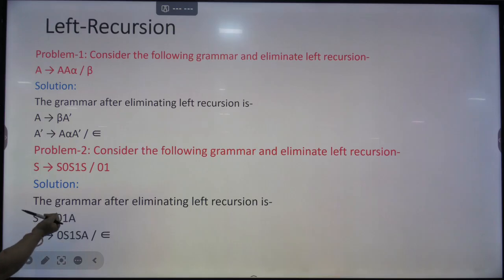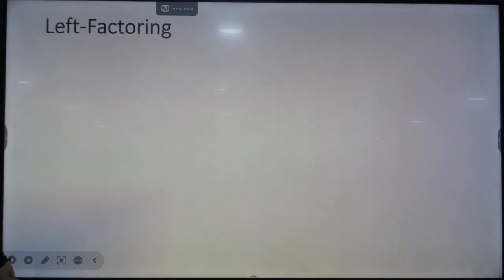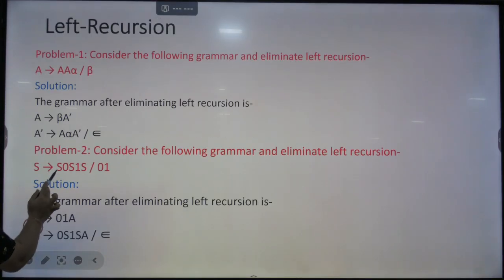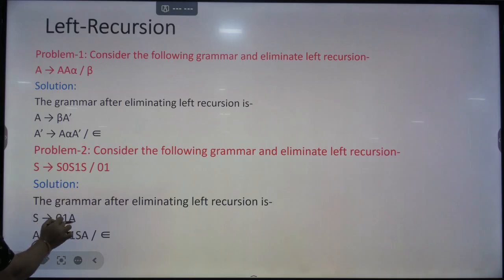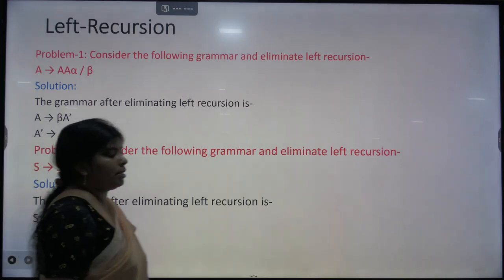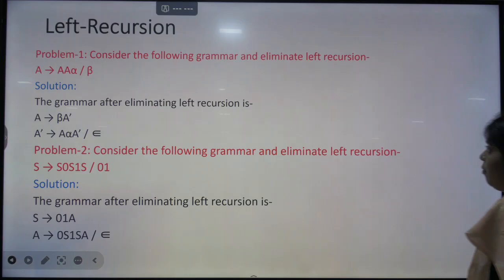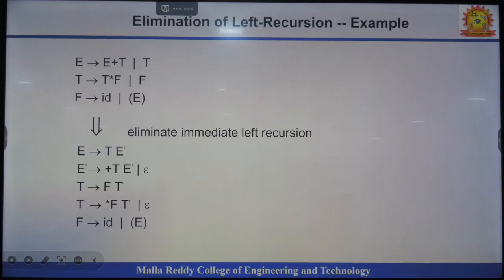Instead of S dash I am taking A, so A dash tends to alpha. After the first character S, whatever is there will be considered as alpha, that is 0S, 1S and A dash. What is A dash here? A or epsilon. So this is one example of eliminating left recursion.